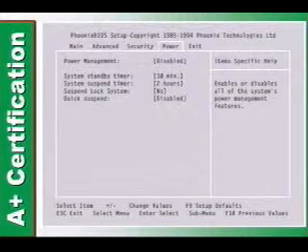On the Power tab, most of this power management should be enabled at the BIOS setting so that the operating system can, one, shut down the monitor if it's not being used very much, because especially the old CRT monitors just suck the power out of the wall. So if you wanted to lessen the power, be more green as it were, you would want to enable your power management at the BIOS level here.